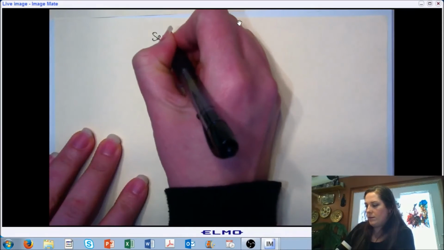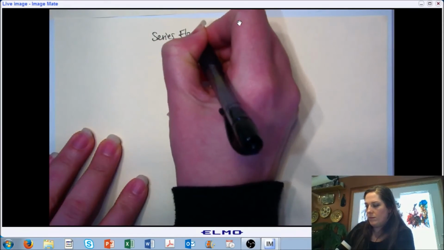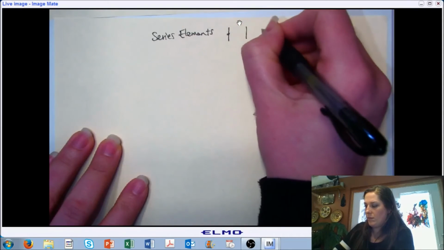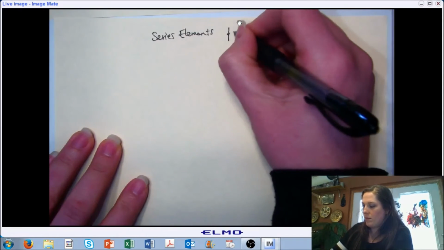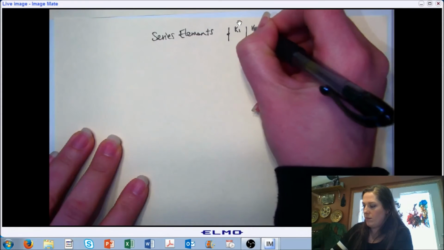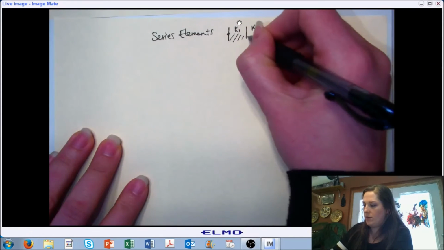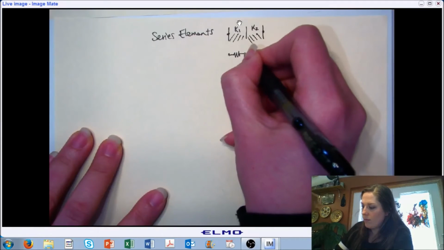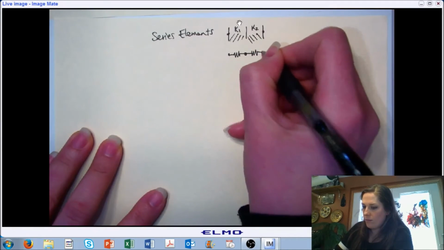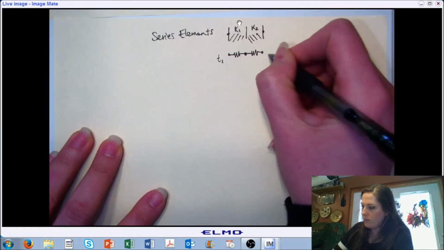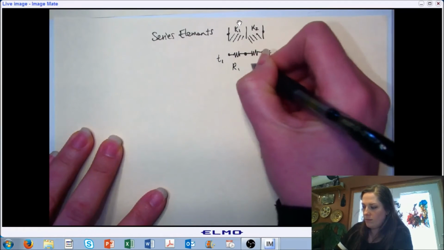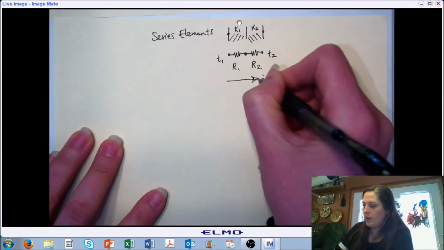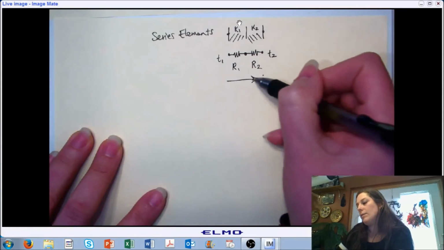Series elements. So these are 2 different materials. And some heat transfer through.